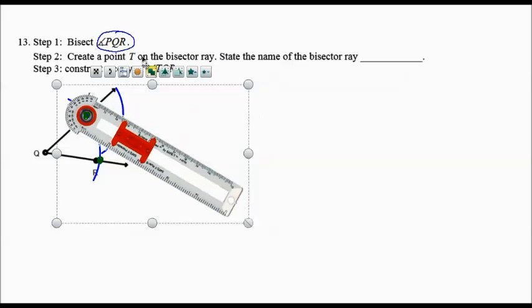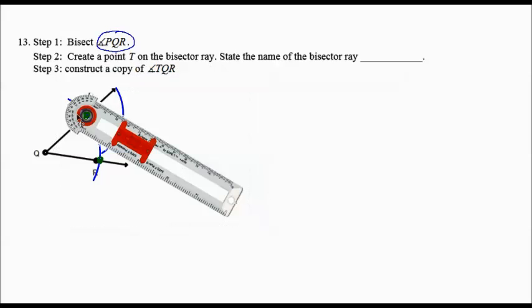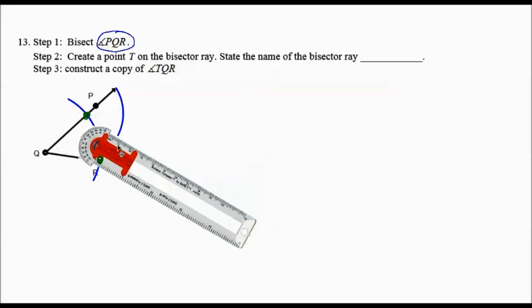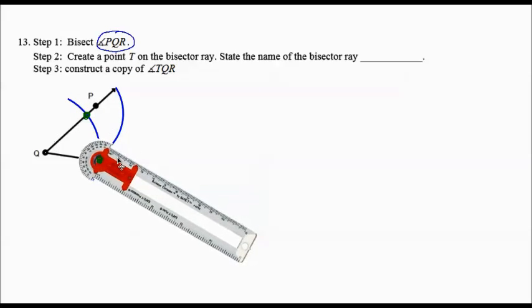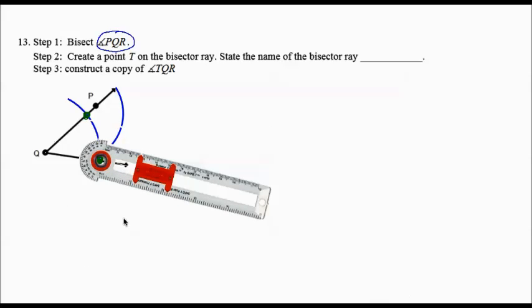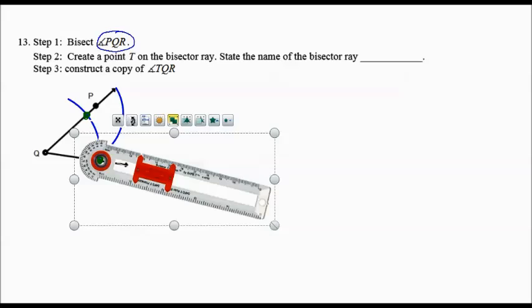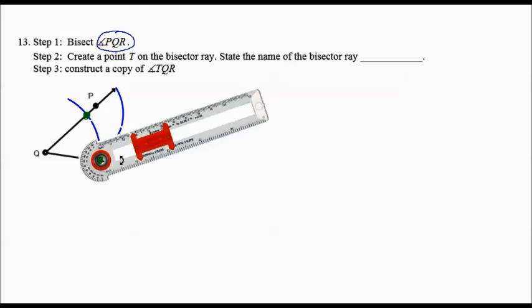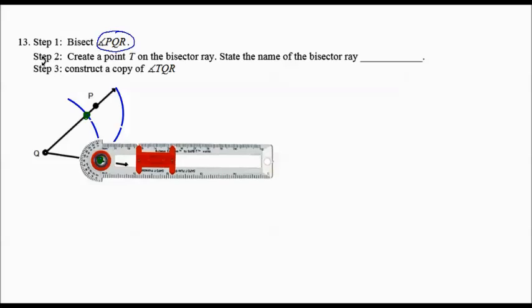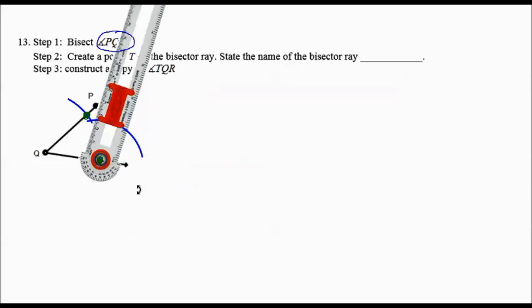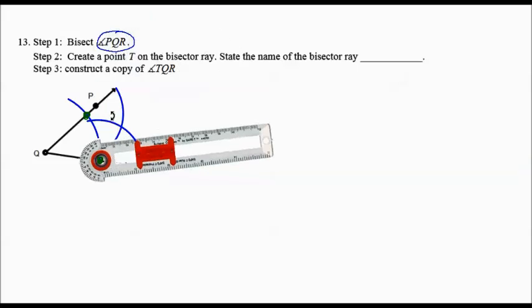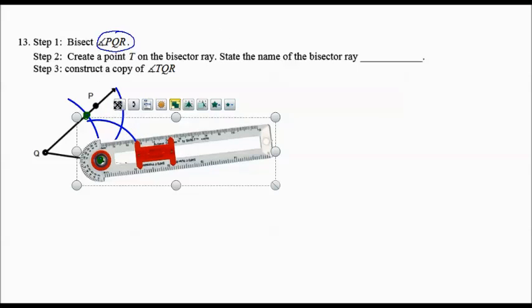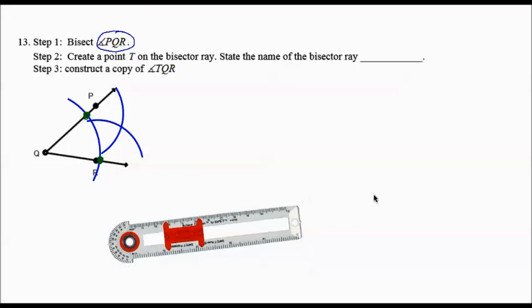And then I'm going to move my compass to the other intersection point in green right here. Rotate the compass up and down from that other intersection point so that you create your arc with your pencil through that drawing hole. After you're done with that, you can move your compass out of the way.